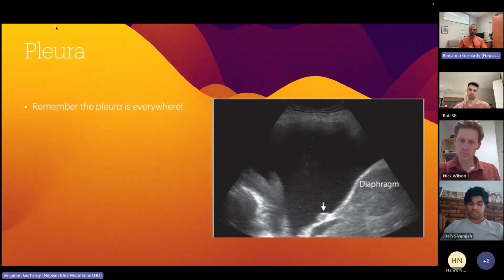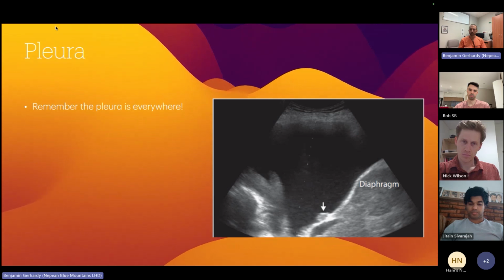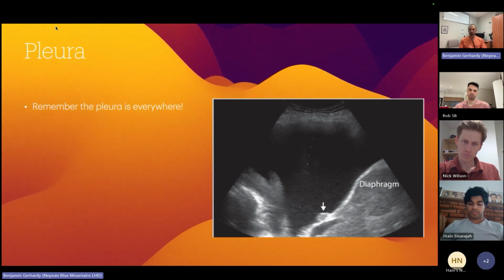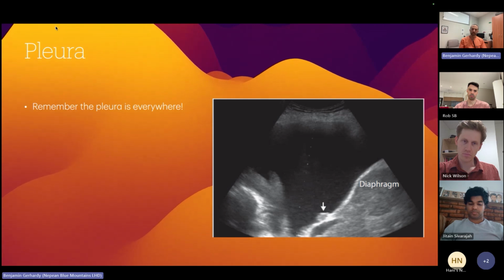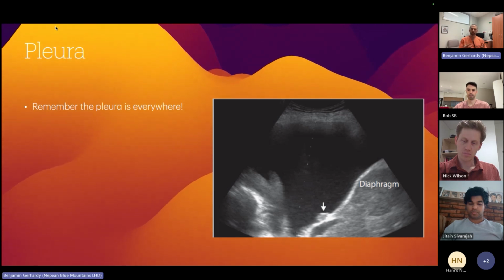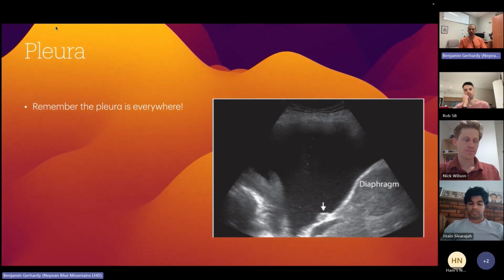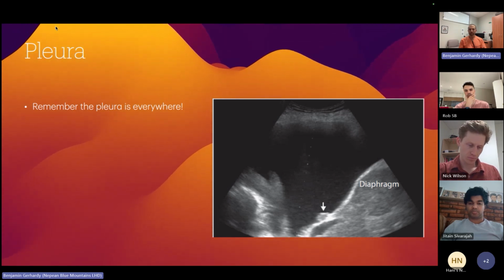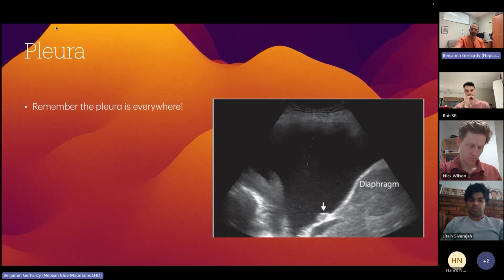So pleura is everywhere. If you're suspicious of a lump or a bump sitting on pleural tissue like this, it's cancer until proven otherwise. Again, if you see a large pleural effusion and the pleura is irregular, unless the person's had a talc pleurodesis or something similar, you see stuff like this, it's cancer. This is a mesothelioma.